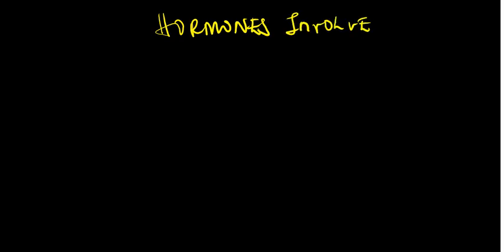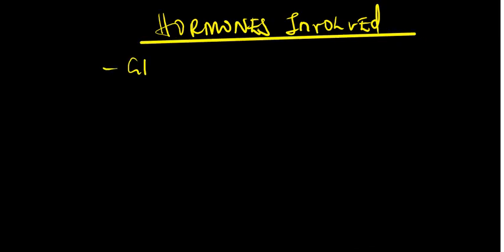The next thing we're going to talk about is hormonal regulation of gluconeogenesis. So we're talking about the hormones involved. We're going to talk about glucagon, and we also have insulin. We may mention epinephrine here and there, but these are our main point of reference.